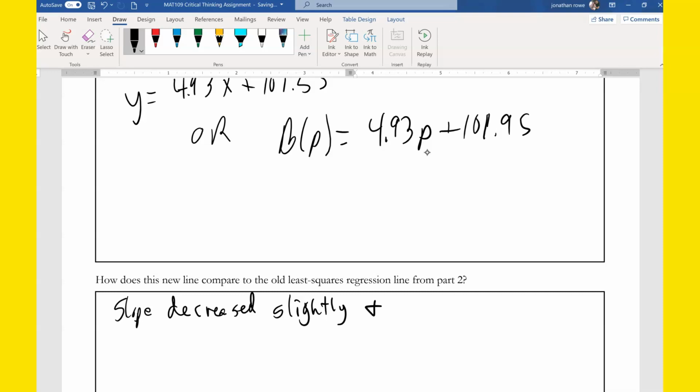And the y-intercept, it went from 90-something, like around 90, to 100, so it went up, increased slightly.